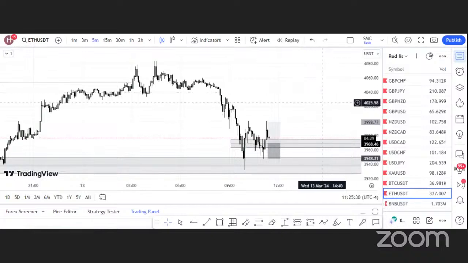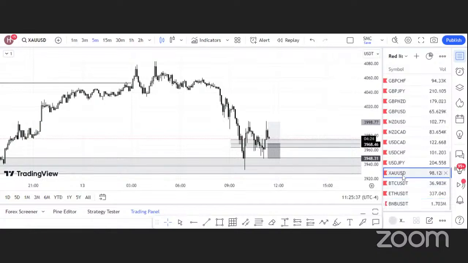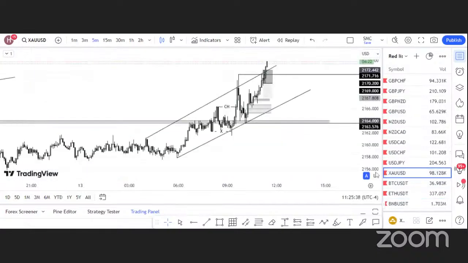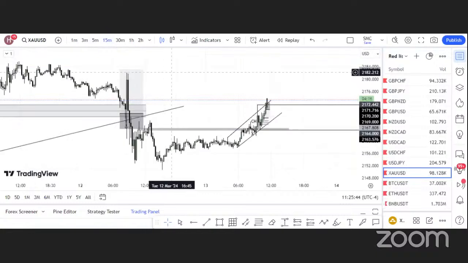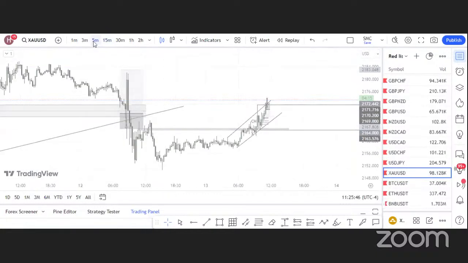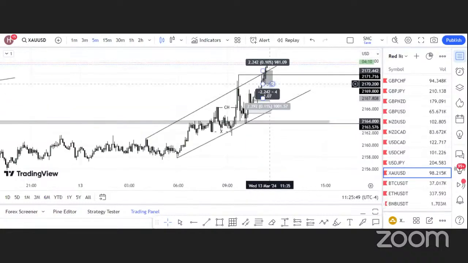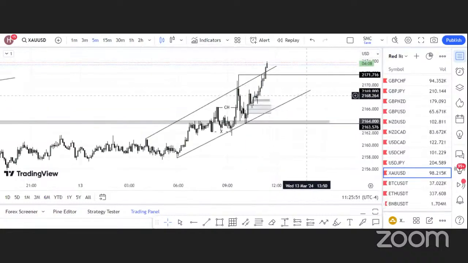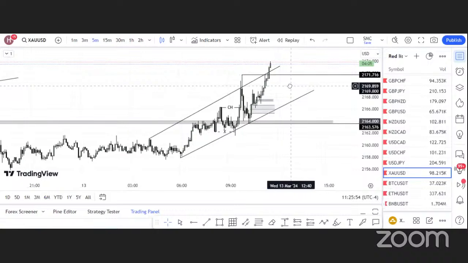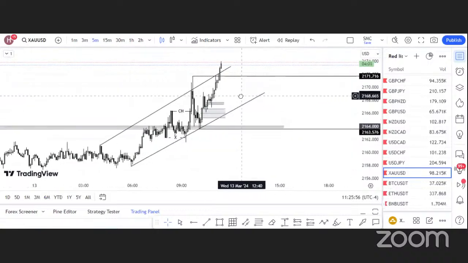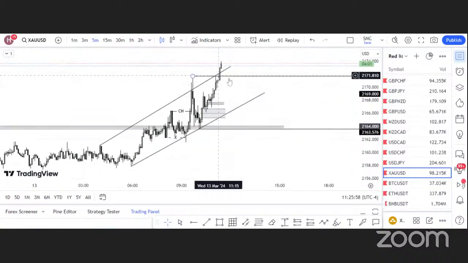Okay, so while we wait for the confirmation on Ethereum USDT, let's take a look at what is going on XAUUSD. You see, the market broke above the level where I drew out earlier, signifying a continuation.